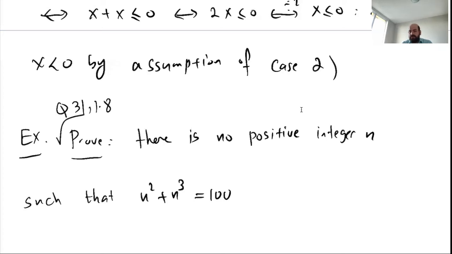If you use a bigger number like 6, the left-hand side becomes even bigger. So for most positive integers, the left-hand side is already bigger than 100, and therefore those values of n cannot be a solution, because the equality cannot hold.